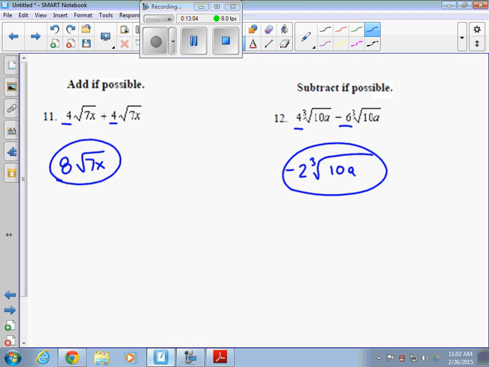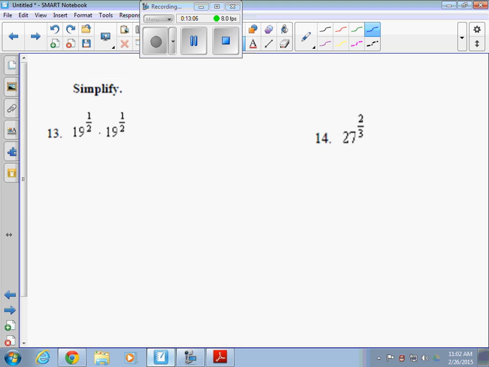Okay, simplifying 19 to the 1/2 power times 19 to the 1/2 power. Remember, this is your index, and this is what you raise it to. So if you made this into radical form, it'll be the square root, you don't have to write that 2 right there, but it's the square root of 19 raised to the first power.